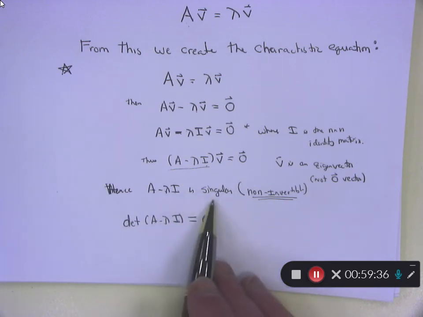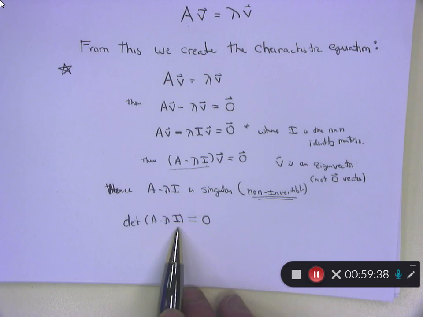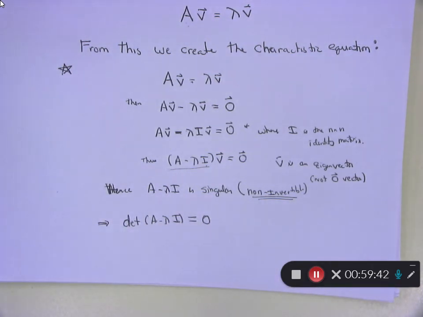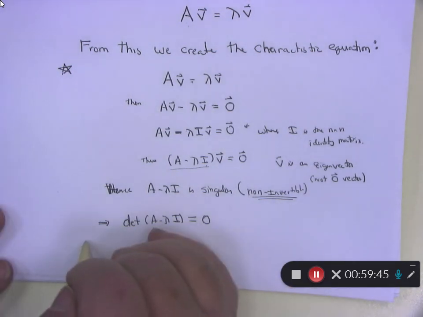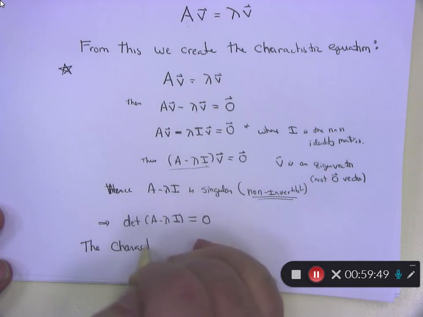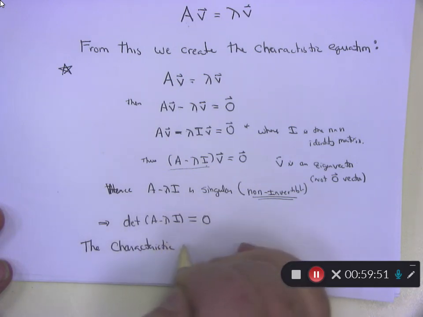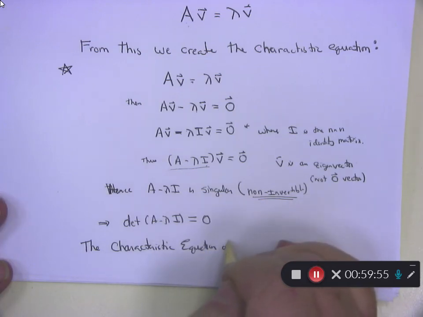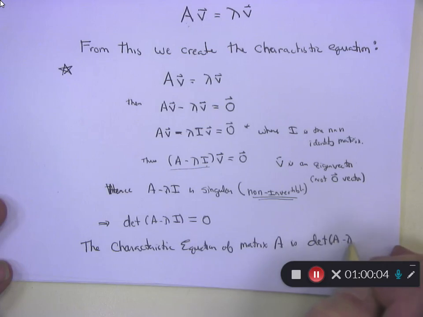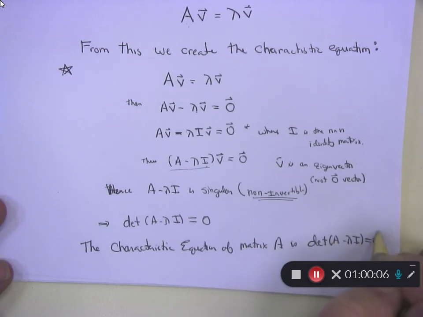If the determinant is equal to 0, it's not invertible, called singular. So this is a singular matrix, which means that the determinant of A minus lambda I is equal to 0. And therefore, the characteristic equation of a matrix, also known as a linear transformation, A, is the determinant of A minus lambda I equal to 0.